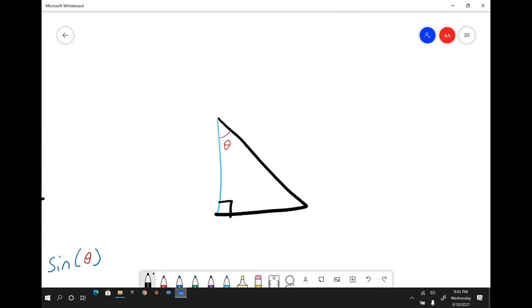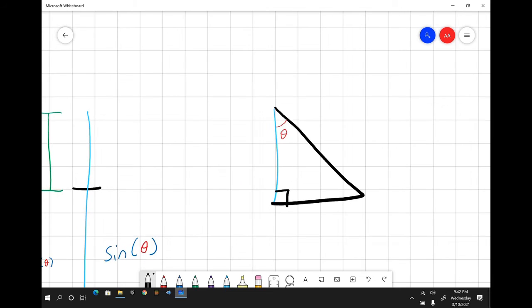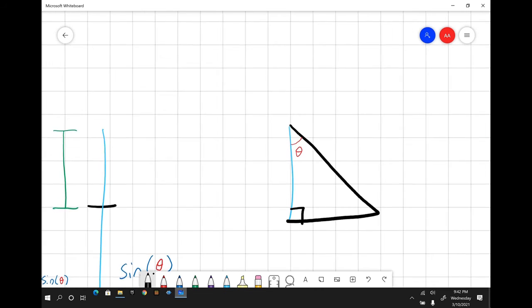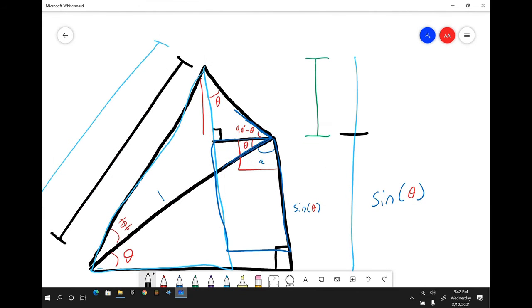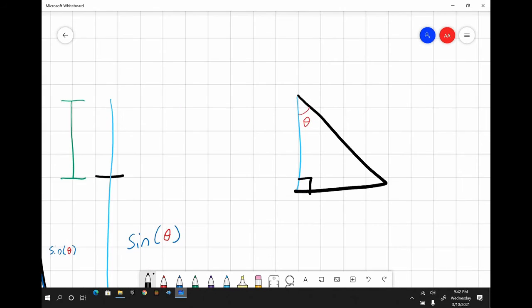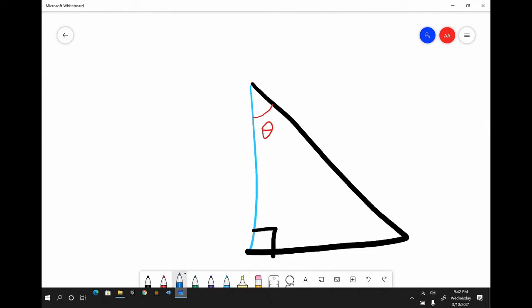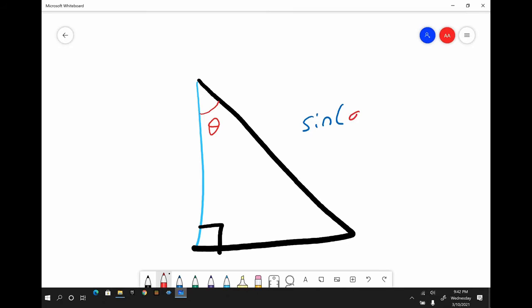Now we also actually know the hypotenuse of this triangle because the hypotenuse of this triangle is equal to the opposite side length of the triangle with angle phi. And we know that that is just equal to the sine of phi over the cosine of phi.